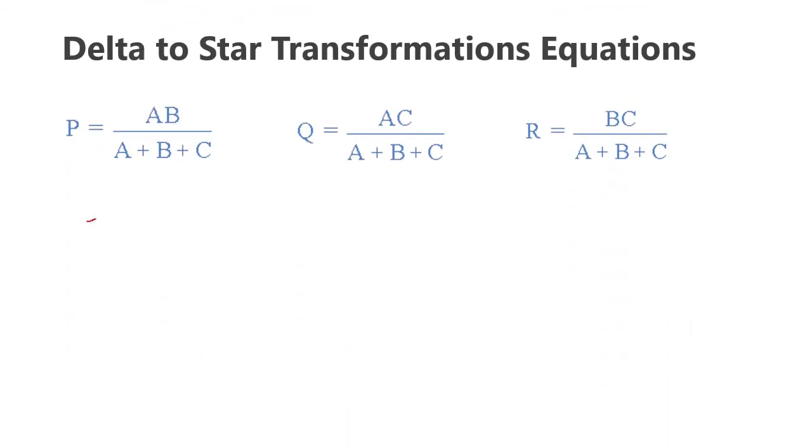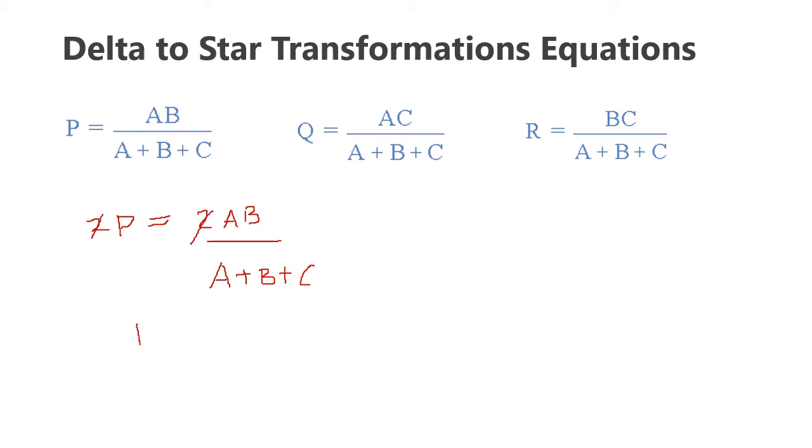Previously we got the equation 2P equal to 2AB over A plus B plus C. So again we can solve this. Here this 2 and this 2 will be cancelled.